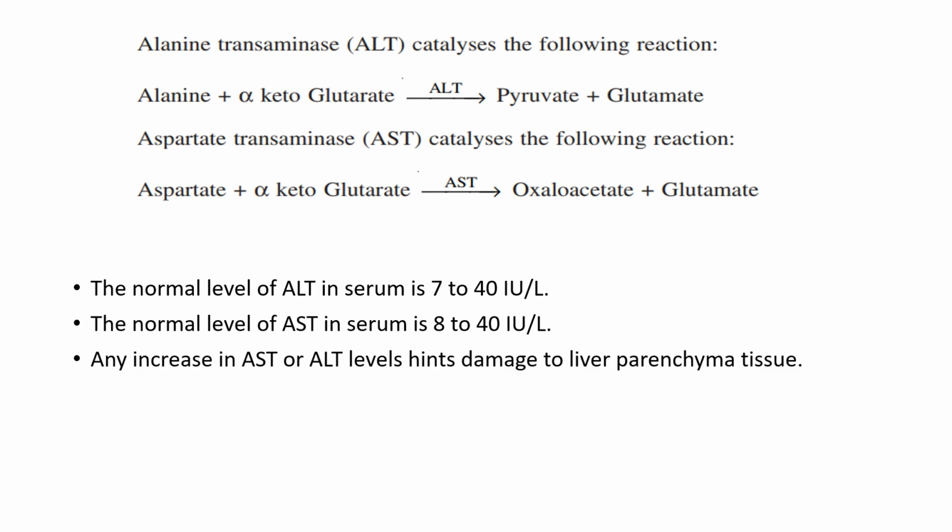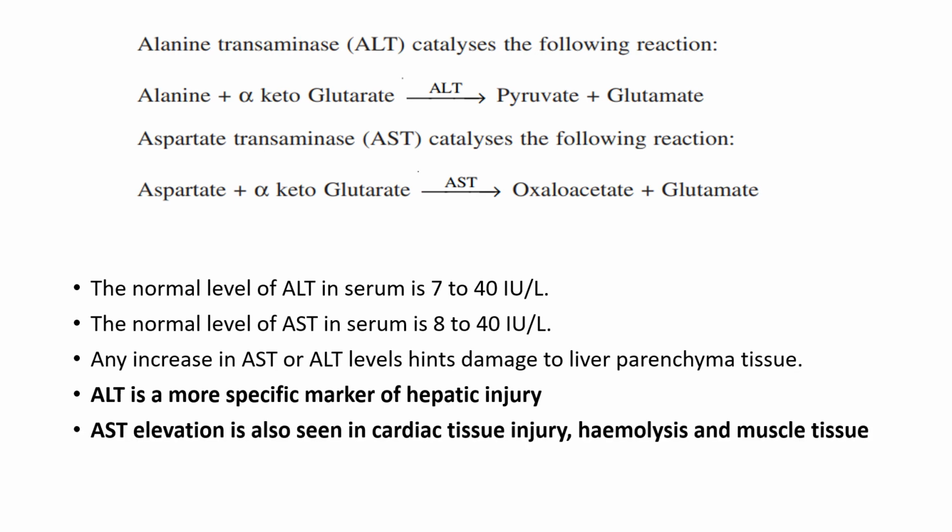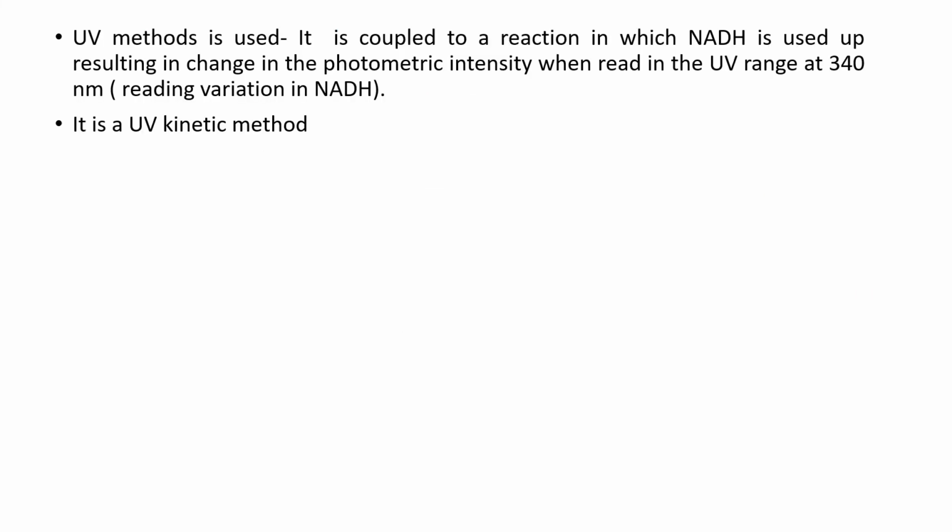Any increase in AST or ALT levels hints at damage to the liver parenchymal tissue. And if I have to say, ALT is a more specific marker for hepatic injury. Elevation in AST is also seen in cardiac tissue injury, hemolysis, and muscle tissue damage.